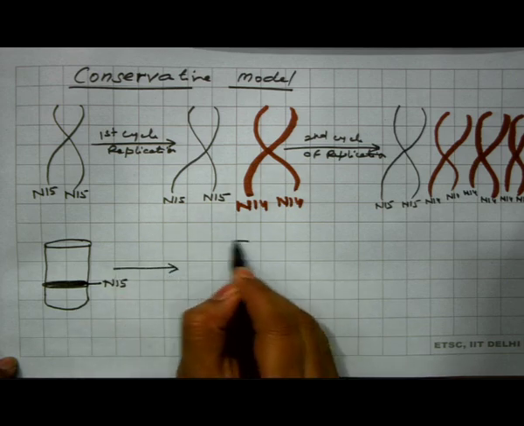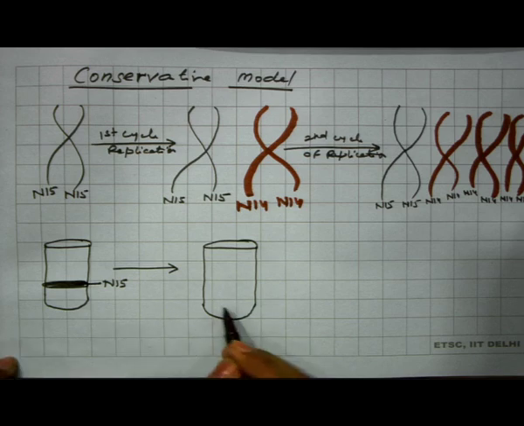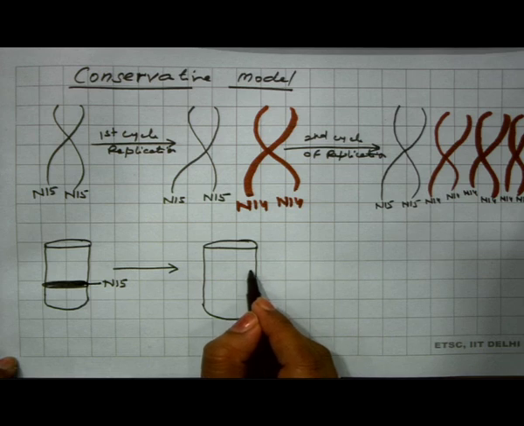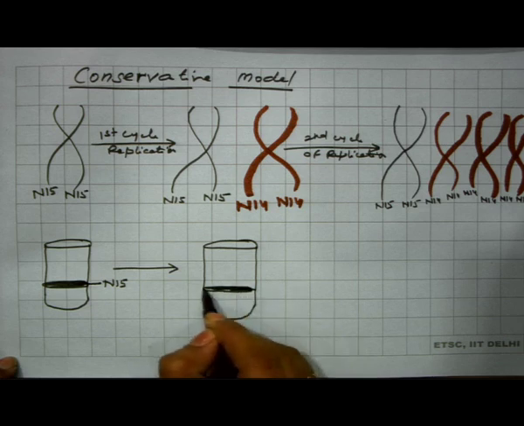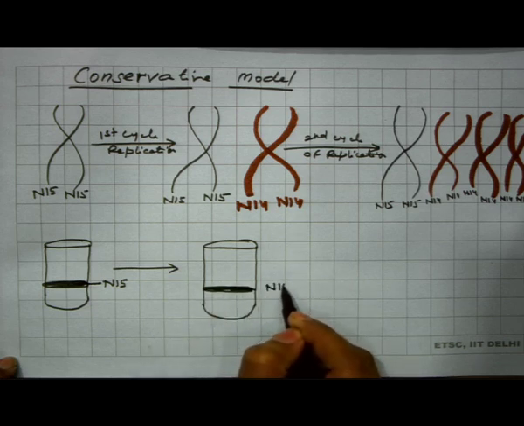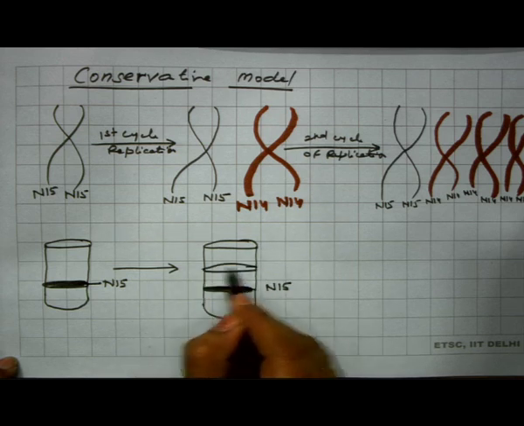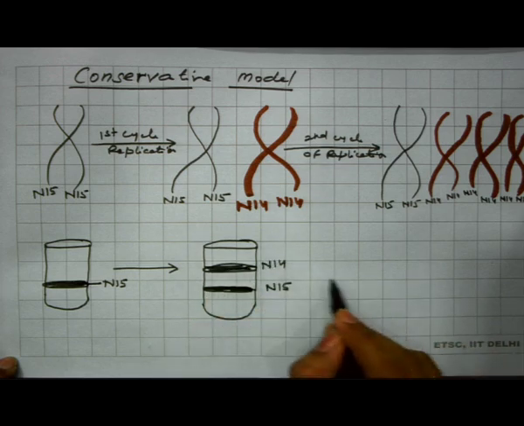After the first cycle, if DNA is isolated from the culture, and if we go for cesium chloride density gradient centrifugation, in the conservative model there will be two bands, one of N15 and another of N14.